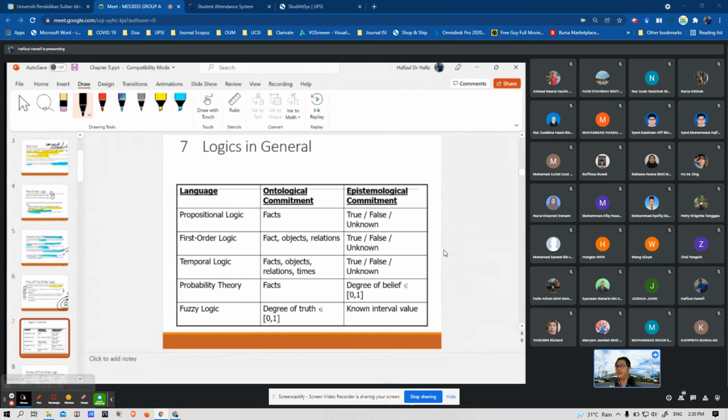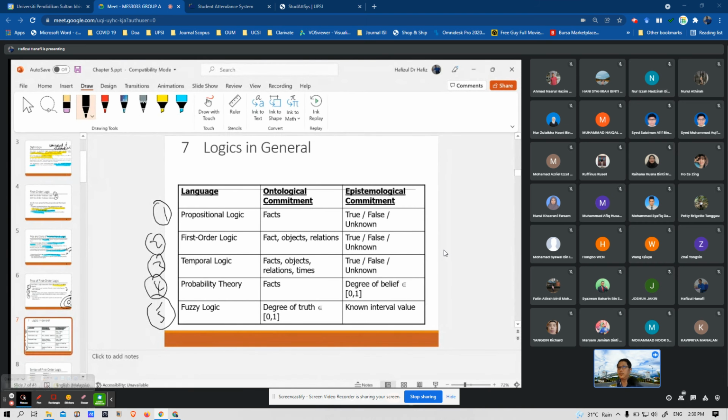Basically, when you look at logic in general, you can have the ideas that you have learned: propositional logic for the facts, first order logic, temporal logic, probability theory, and fuzzy logic. For the language itself, it depends on the ontological commitment and the epistemological commitment. They have two different views here.